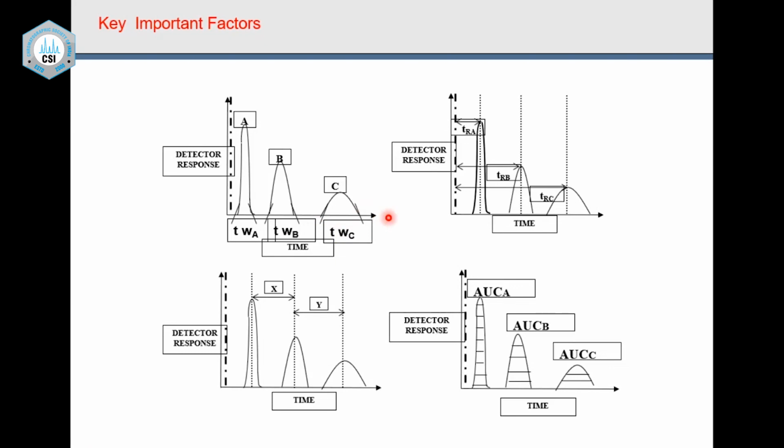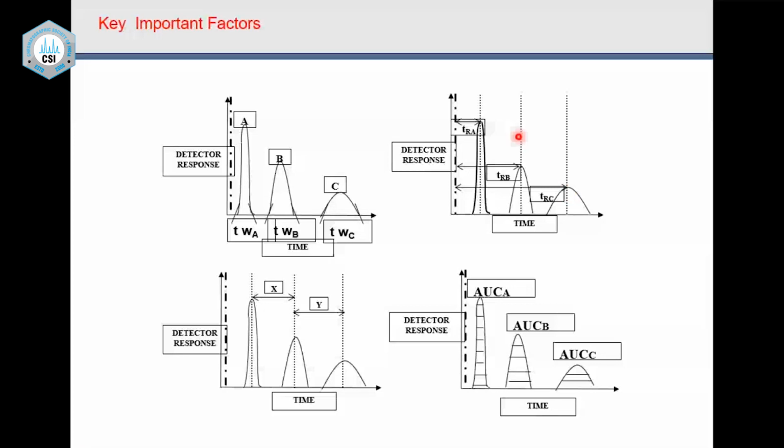Here we are talking about time. So we are talking about the retention time of peak A, retention time of peak B, retention time of peak C, and they are well separated. Under given conditions of the chromatography, A gets eluted exactly at the same time, B will get eluted exactly at the same time, and the same thing for C. So you will be able to use this for qualitative analysis.